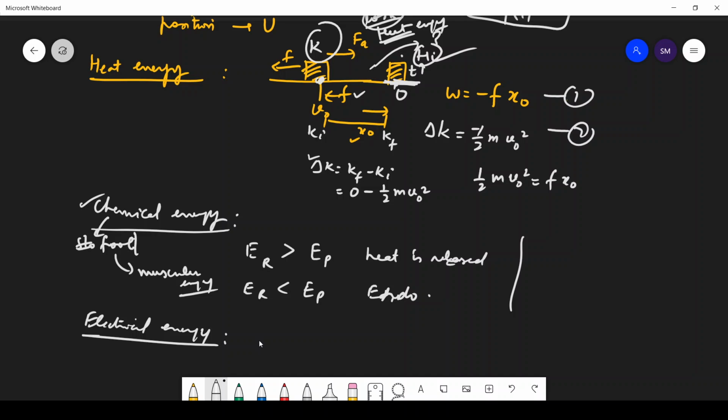Electrical energy, electric current, is causing the bulbs to glow, fans to rotate, bells to ring, and electric energy governs the laws of attraction and repulsion of the charges, meaning electric force and current.